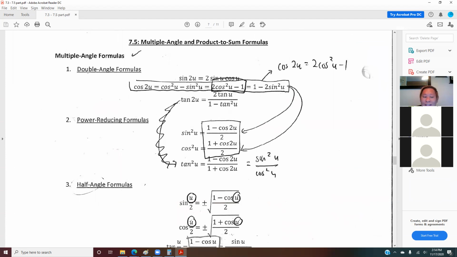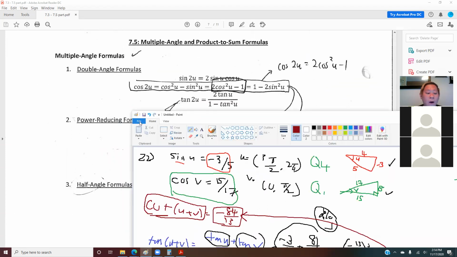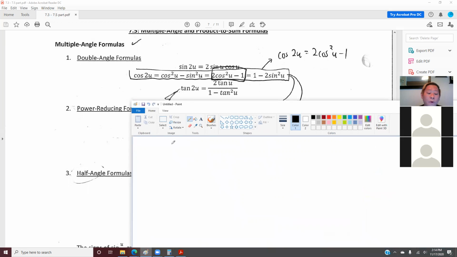One is called the double angle formula. The double angle formula is where your angle is doubled. Where did this formula come from? It came from your sum and difference, the one that you did in 7.4.